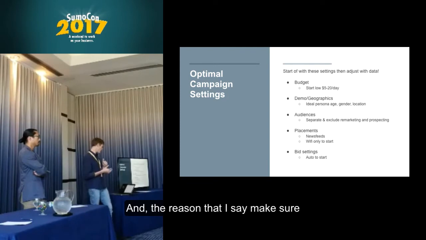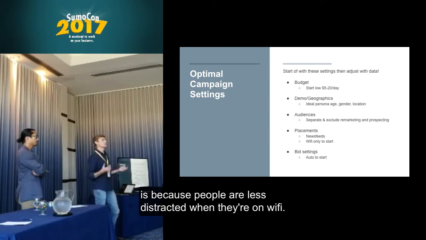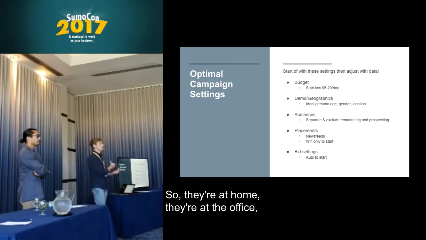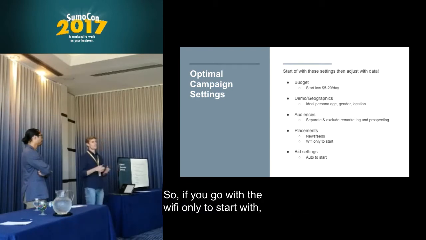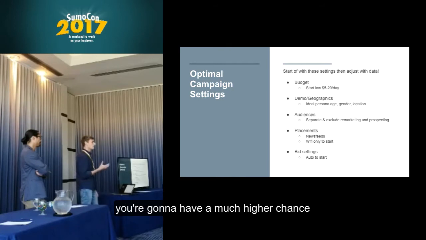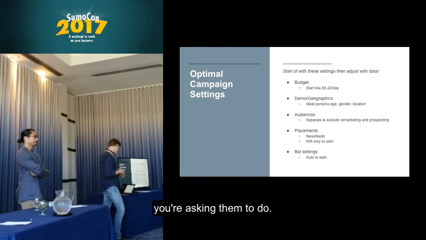The reason that I say make sure that you're only targeting Wi-Fi first is because people are less distracted when they're on Wi-Fi. So they're at home, they're at the office, they're not commuting on a bus or doing something else at the same time. So if you go with the Wi-Fi only to start with, you're going to have a much higher chance of getting someone to complete an action that you're asking them to do.